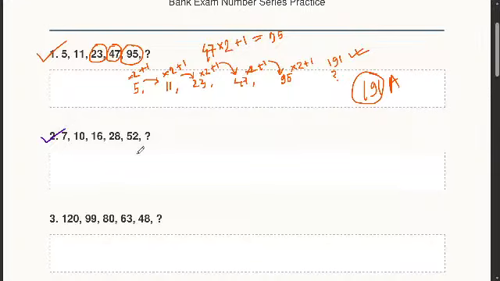So problem number 2. Here it is 7. Let me write it here.